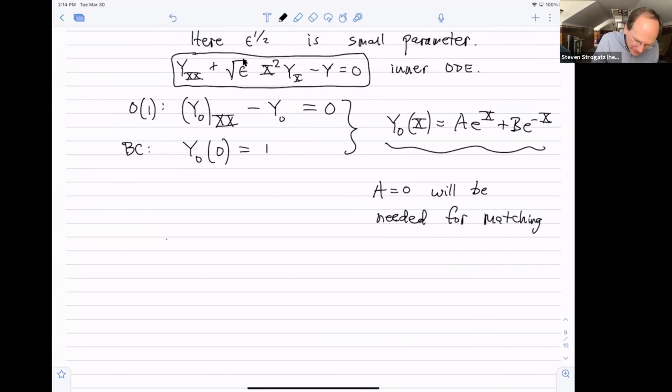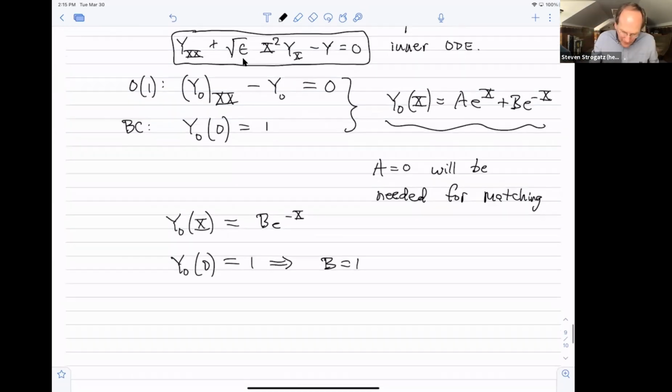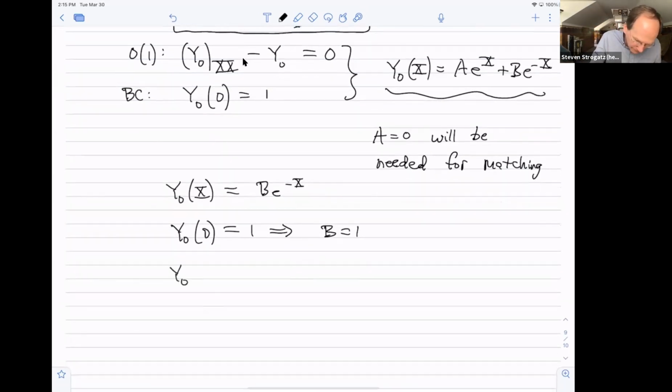And that makes my life a little bit easier because then I can just say y0 of X is b e to the minus X, and now apply the boundary condition. Y0 of 0 is 1, and that will determine that b is 1. Okay, so I've got that y0 of X. Let's get rid of those parentheses.